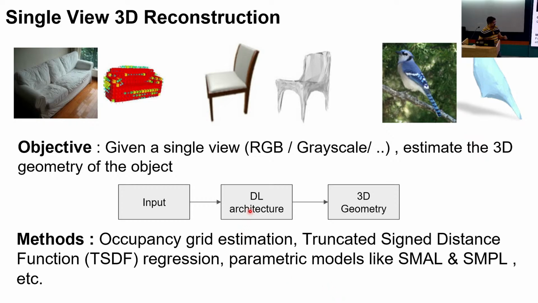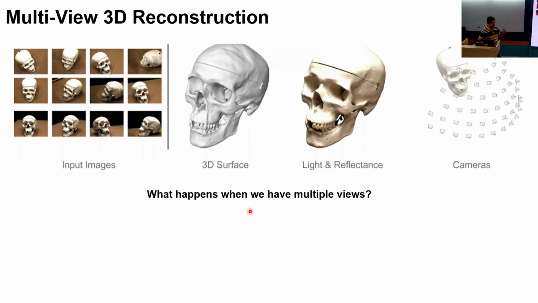However, this is a very difficult problem statement, getting 3D from just a single view. There was another set of area where people were looking into a different problem statement. This is a little bit easier in the sense that I don't give you just one single image. You have been given multiple images of the same scene. For example, here we have a skull and you have multi-view images of this skull.